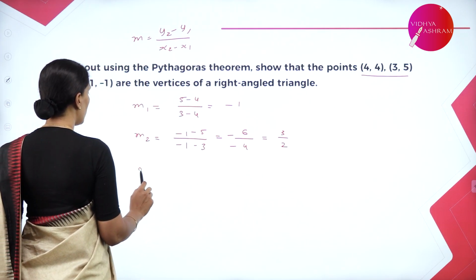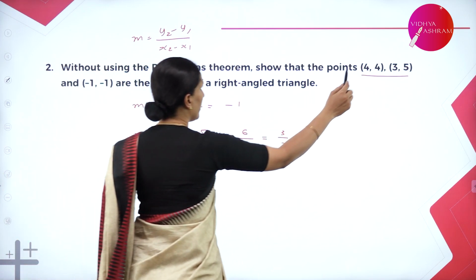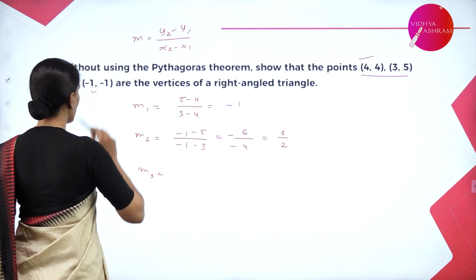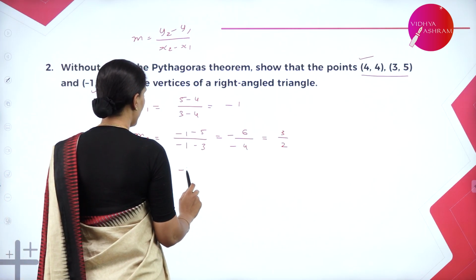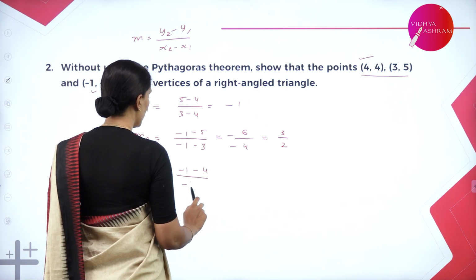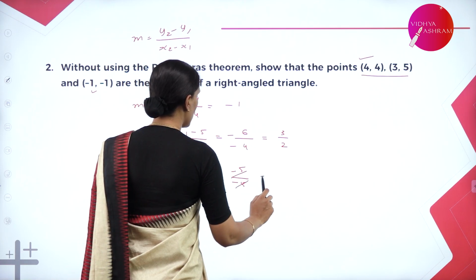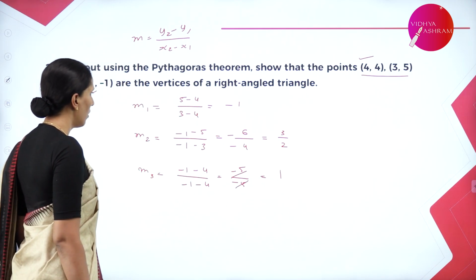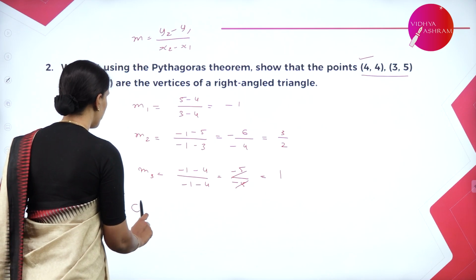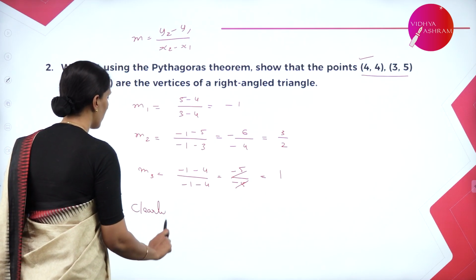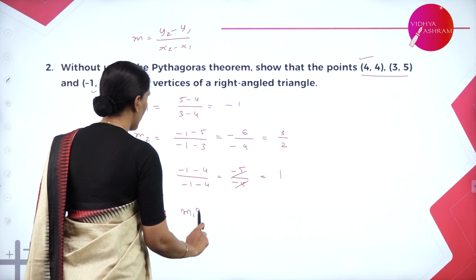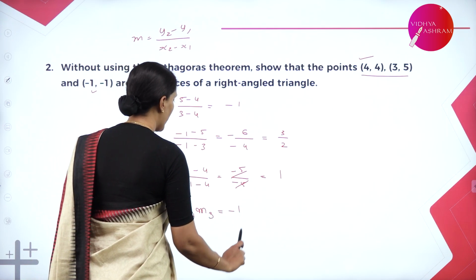We'll calculate the slope m3 with respect to the points (4, 4) and (-1, -1). So -1 minus 4 over -1 minus 4, that is -5 by -5, cancels. This is equal to 1. Now here clearly m1 m3 is equal to -1.